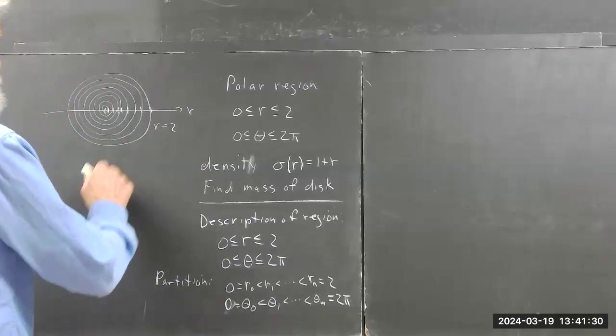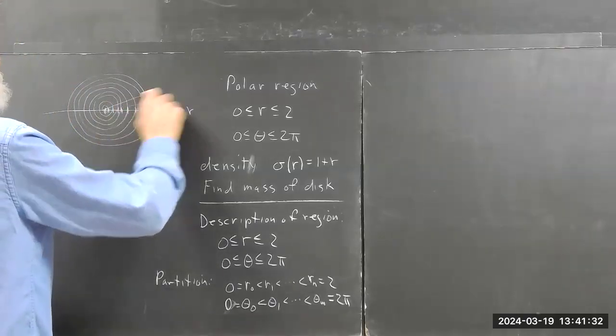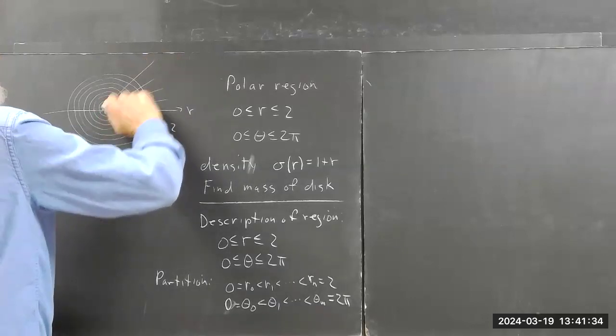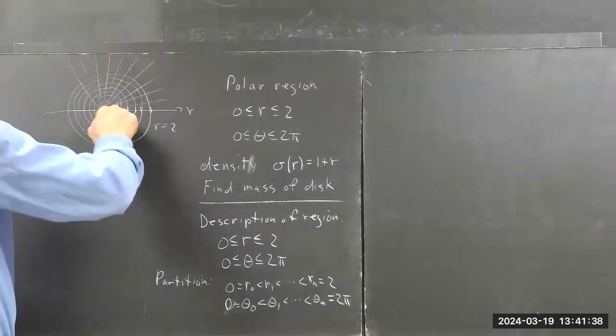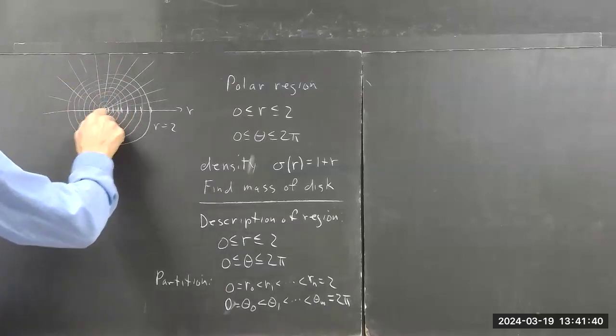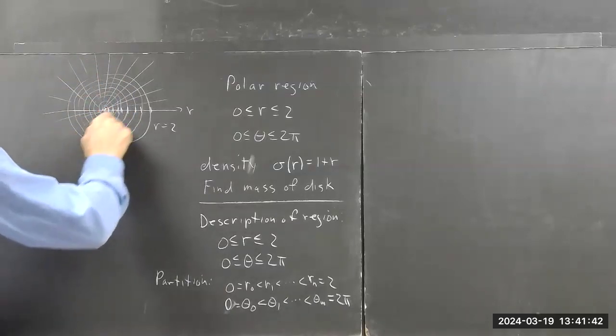Then our theta partition is going to give us something like this.